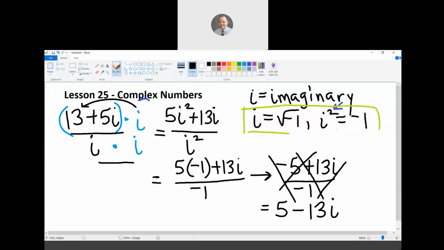And our final answer is in standard form. Now, if you work out a question and get something like negative 13i plus 5, just swap the terms around so you can get your answer in the correct standard form.